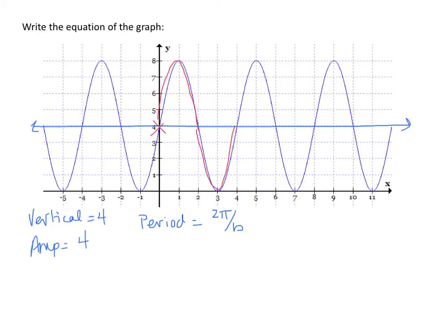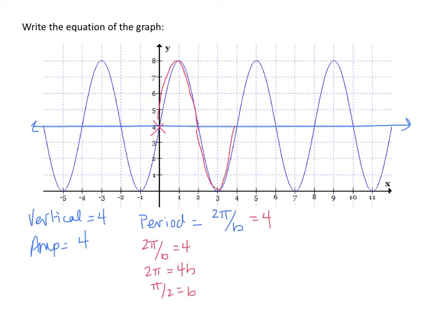So the period of this is also 4, which means that 2 pi over b has to equal 4. Well, we need to solve for b. So in order to do that, that means that the b term of my equation is equal to pi over 2.